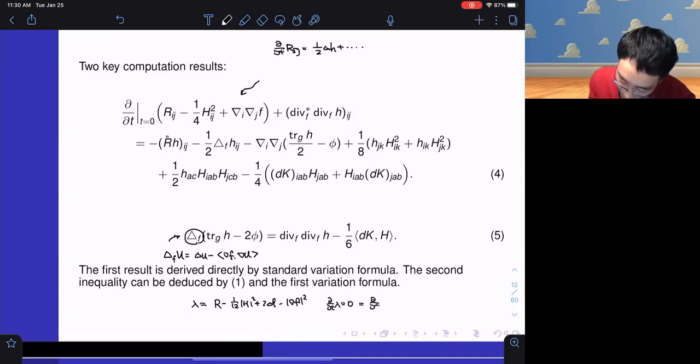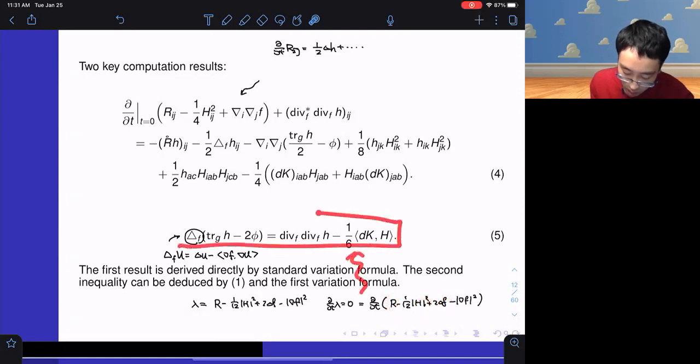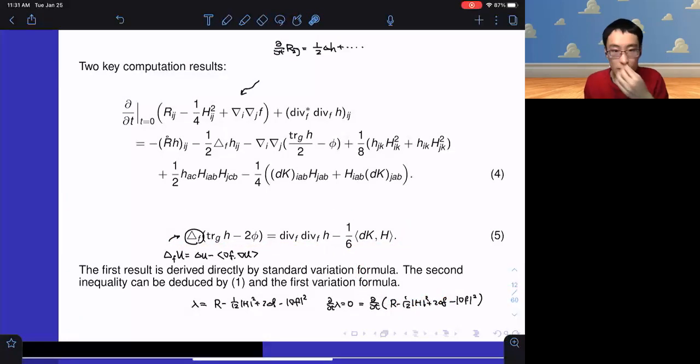And this should be the derivative of this quantity. Then again, if you plug in the variation formula about lambda, h squared, and f, then after simplification you will derive this result.